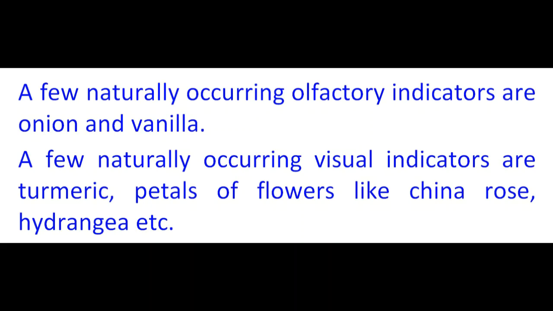A few naturally occurring olfactory indicators are onion, vanilla. A few naturally occurring visual indicators are turmeric, also petals of flowers like China rose, hydrangea, petunia. Red cabbage juice is also a natural visual indicator.